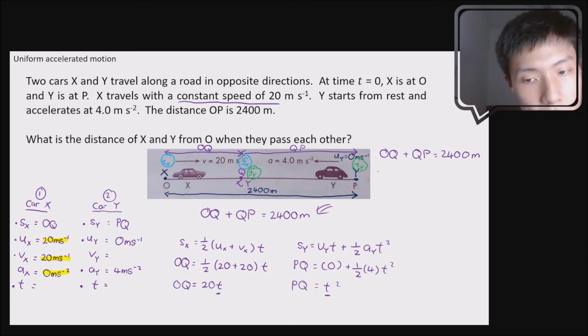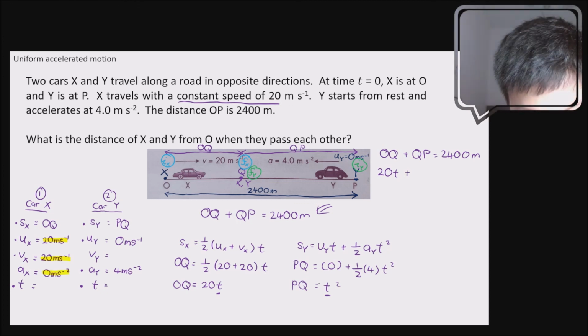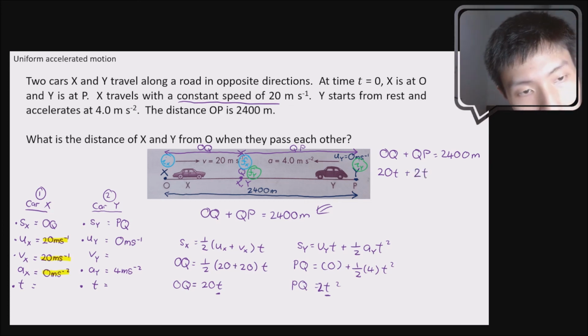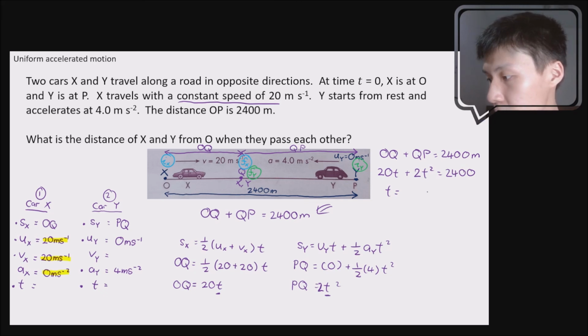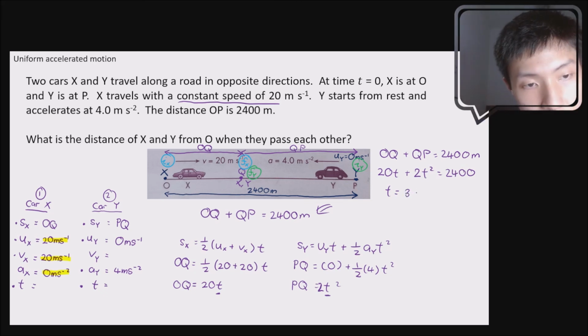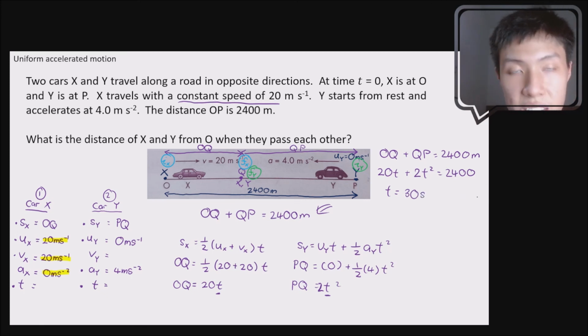But you know that OQ is 20 times T, plus this one is 2T squared, which equals 2,400. Now if you solve for T, I believe you get two answers, but I'm going to write down the positive answer only, which is 30 seconds. You can cross out the other answer and say you reject it.